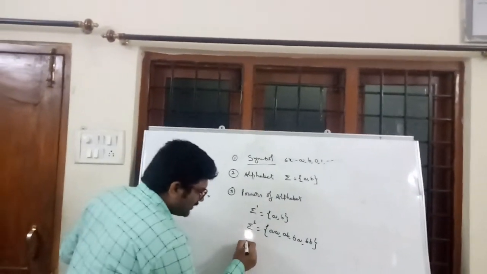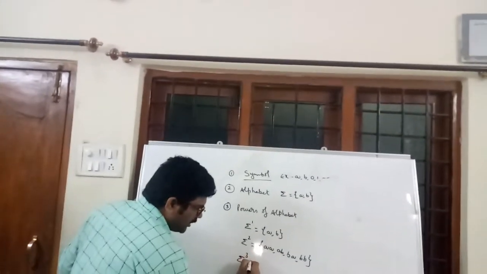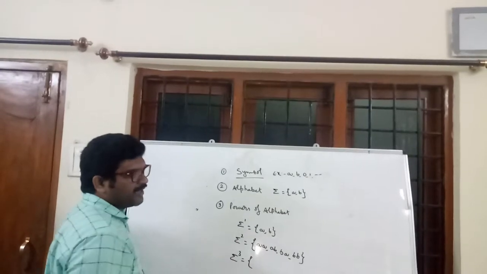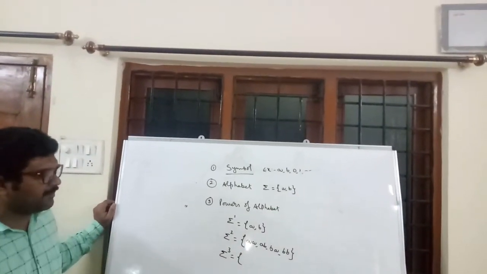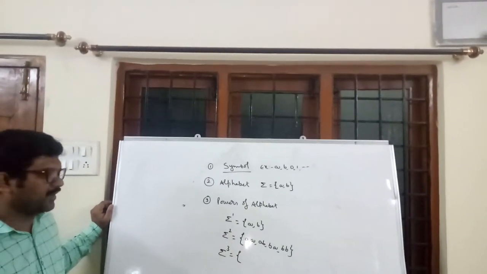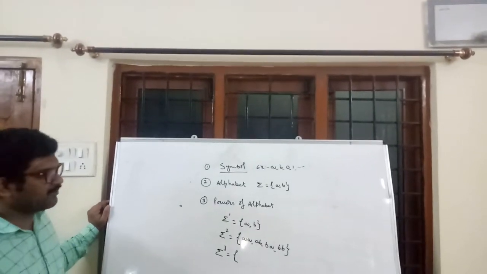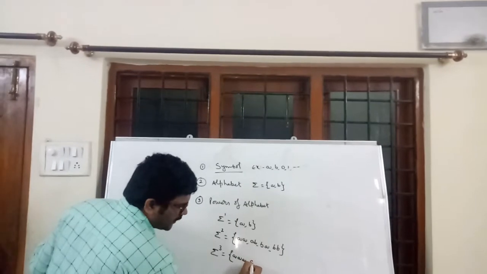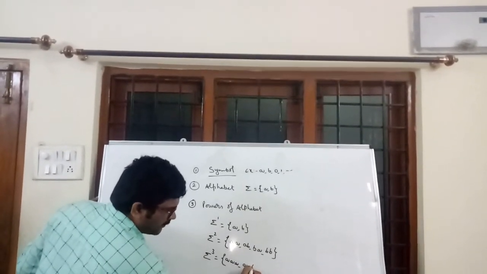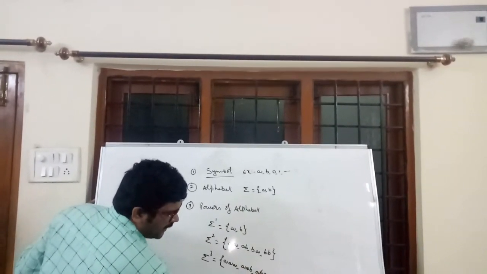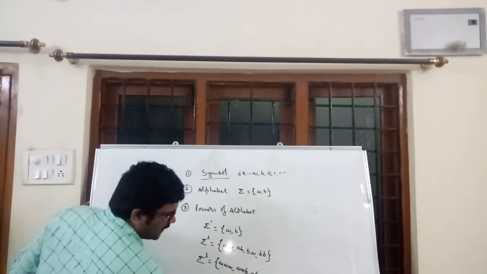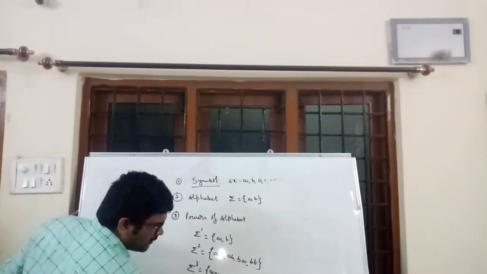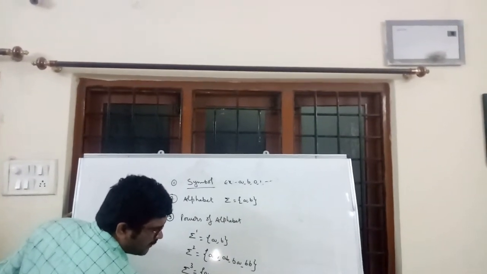If you move on like this, sigma power 3 means, over that alphabet A, B, strings of length 3. So we will get AAA, AAB, ABA, ABB, and similarly BAA, BAB, BBA and BBB.